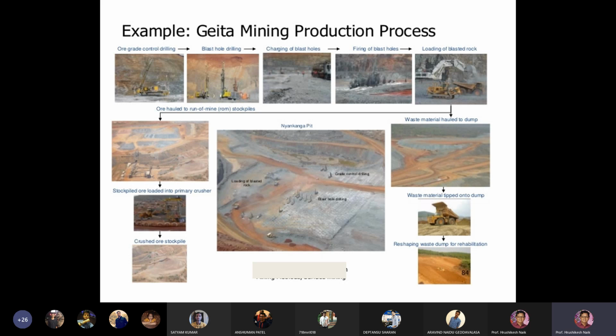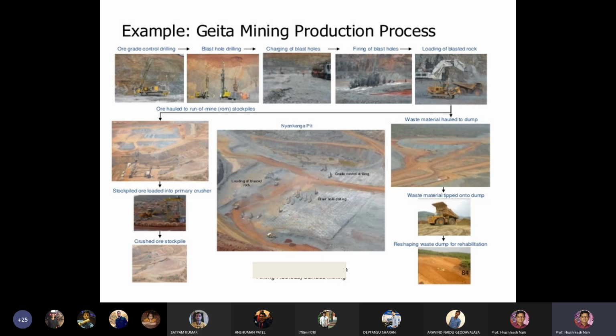Then ore is hauled to run-of-mine stockpiles, and this is the pit layout. Waste material is hauled to the dump yard. Mineral is taken to the beneficiation plant. Waste material is tipped onto the dump, and reshaping is done. Mine reclamation is carried out at the end.